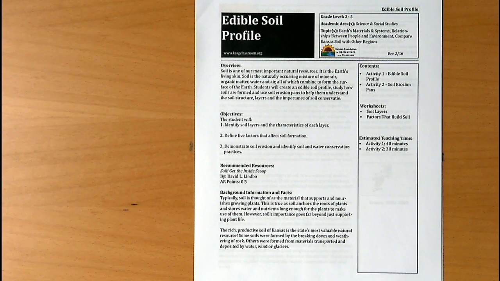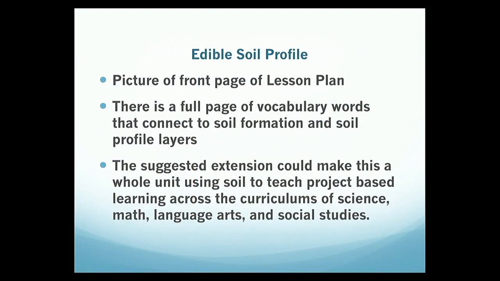Let's take a look at our lesson plan, the Edible Soil Profile. I just want to familiarize you with our formatting for our lesson plans. We always start with the title of the lesson plan, the grade levels, the academic areas, and the topics that we're going to be reaching through the lesson plan. We also have an overview, an objective area, a supplies area, recommended resources, and background information so that you will feel comfortable as you teach this to your students.